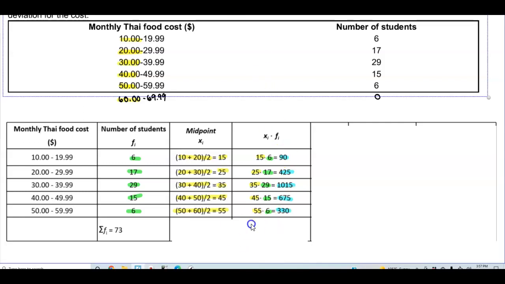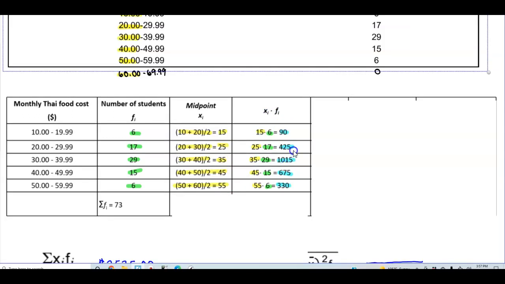Now, in order to find the mean, we have to find the total of the last column. So when we add 90 plus 425 plus 1015 plus 675 plus 330, that gives us a total of 2,535. That's what the total of the last column represents. And we know the total of the frequency is 73.